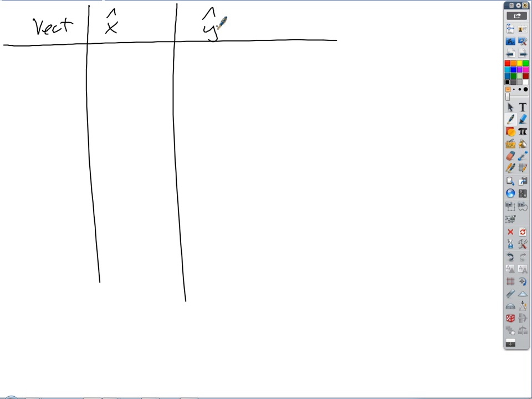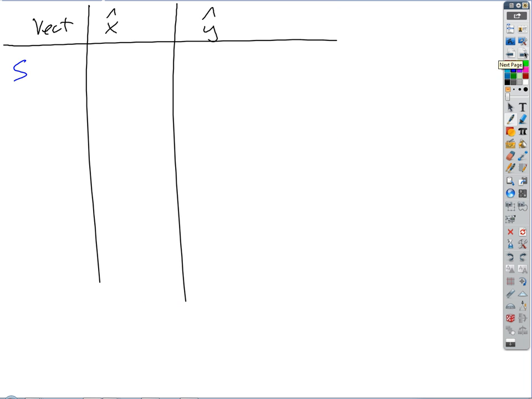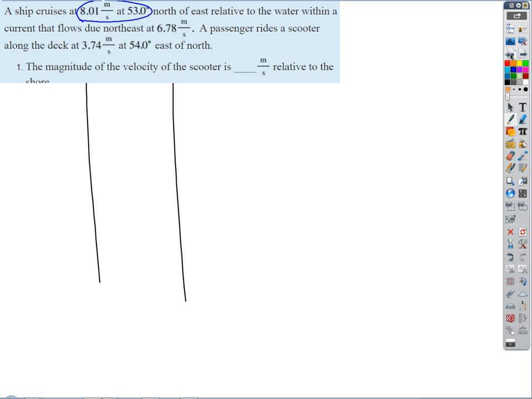So the first one was S, and we got, let me write this down, 8.01. Okay, 8.01 cosine 53.0, 8.01 sine 53.0.